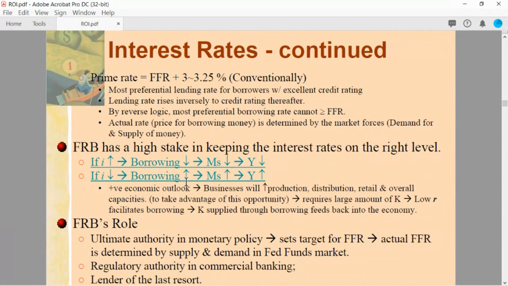They spend money, workers who got paid spend money. So money supply throughout the economy increases. So the overall economy expands. The overall economy grows.